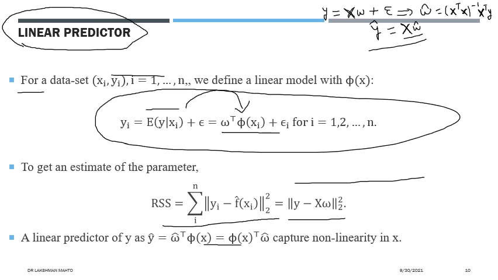This y is a vector, and this one is a single observed value, with y cap coming this way. Here we replace omega by the estimated value of omega. The dot product of the basis function phi with the estimate gives a linear predictor of y.